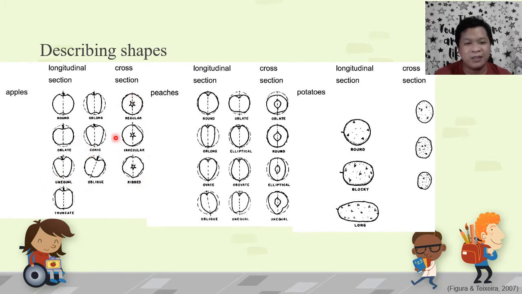Pati sa cross-section nila, may mga description din. So definitely, if you're gonna put these fruits or maybe root crops in a box or classify them, you'd want a certain classification scheme, and these descriptions could be one way of classifying them. No? Lalo na yung sa grading, they would maybe want certain shapes less deformed to an extent. No? So these things would be very useful in that case.